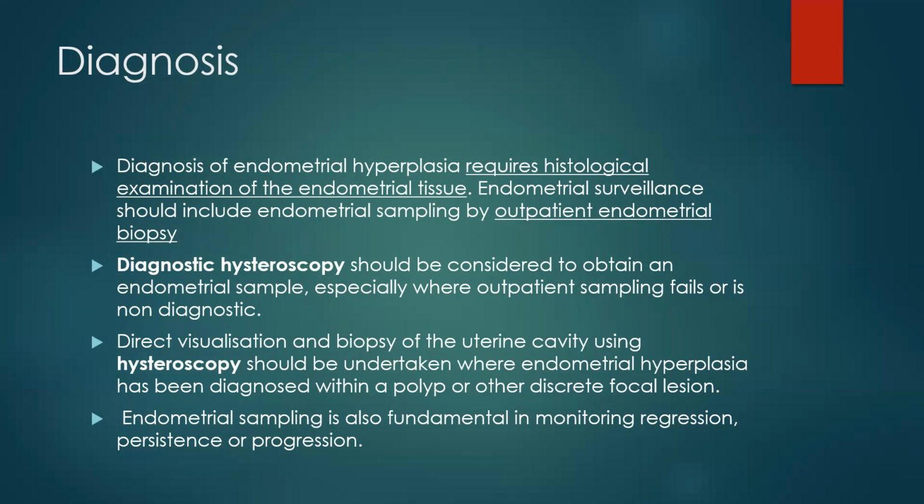We can request a transvaginal scan, so we can see the endometrial thickness. If the endometrial thickness is less than 4 to 5 mm in a postmenopausal woman, there is very little chance that she has endometrial hyperplasia. But if it is more than that in a postmenopausal woman, there are chances that she has endometrial hyperplasia, and then we will ask for an endometrial biopsy.